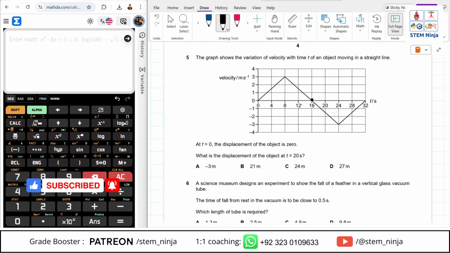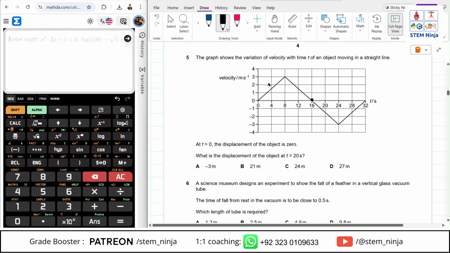At somewhere, it's turning from one direction to another. However, the gradient going from positive to negative just simply means that first it was accelerating, now it was decelerating. Now, 20 is over here.